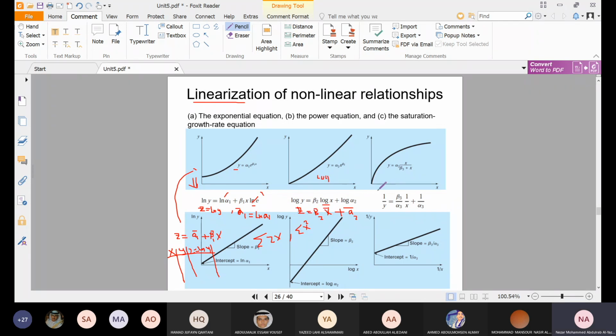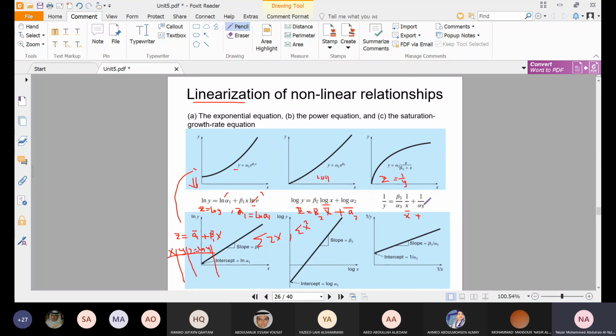Here, for example, if we have saturation, if I have y here, usually we assume a new variable z equal to 1 over y. Okay, assume like this. As a result, I will linearize this one. So here also, this 1 over x, I can assume a new variable, x bar.